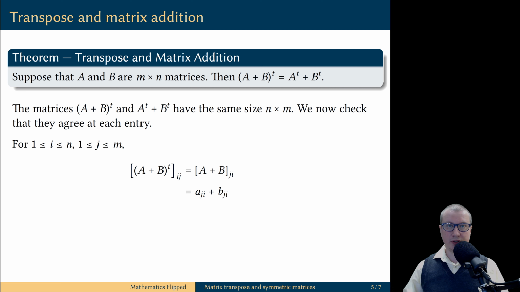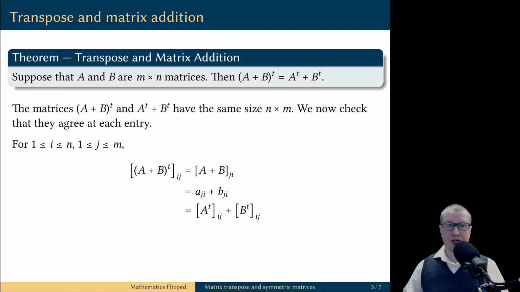Next, we are going to use the definition of matrix addition. The entry in position ji of the matrix A plus B is the entry in position ji of the matrix A plus the entry in position ji of the matrix B. Now, we use the definition of transpose again.